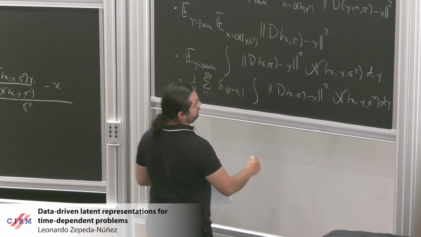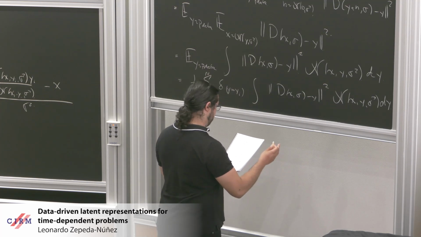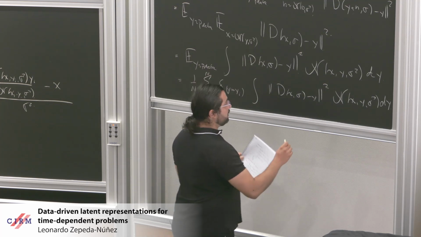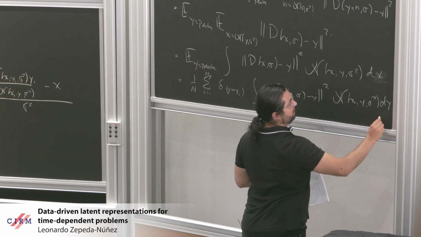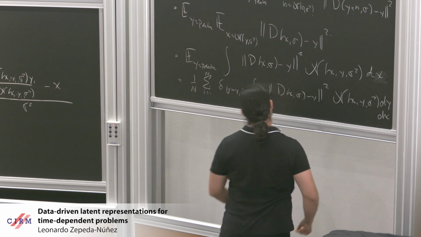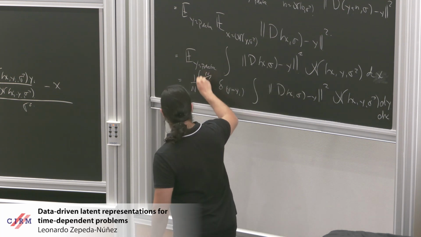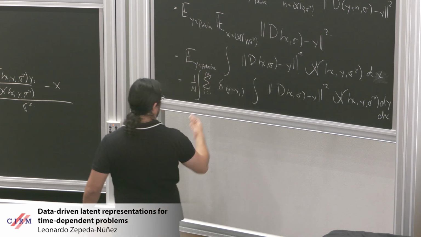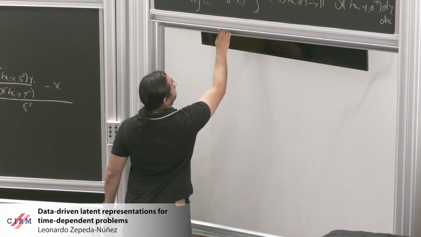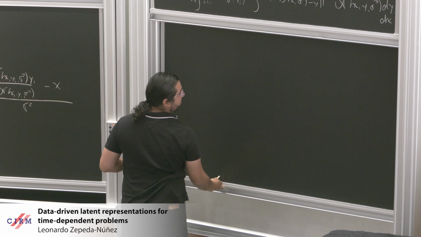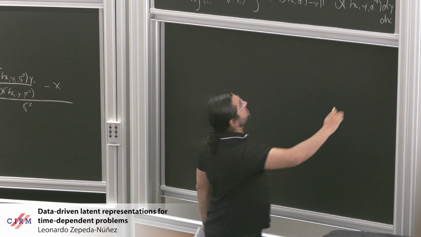And then, sorry. This is not dy, this is dx. Sorry about that. And we have a dx here. I mean, integral as well. So now, Fubini, quick. So you want to do, this is dx dy.